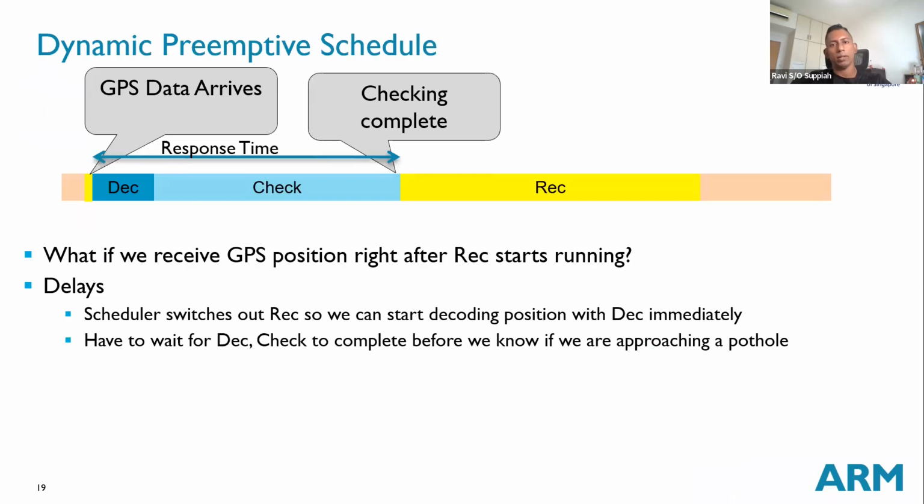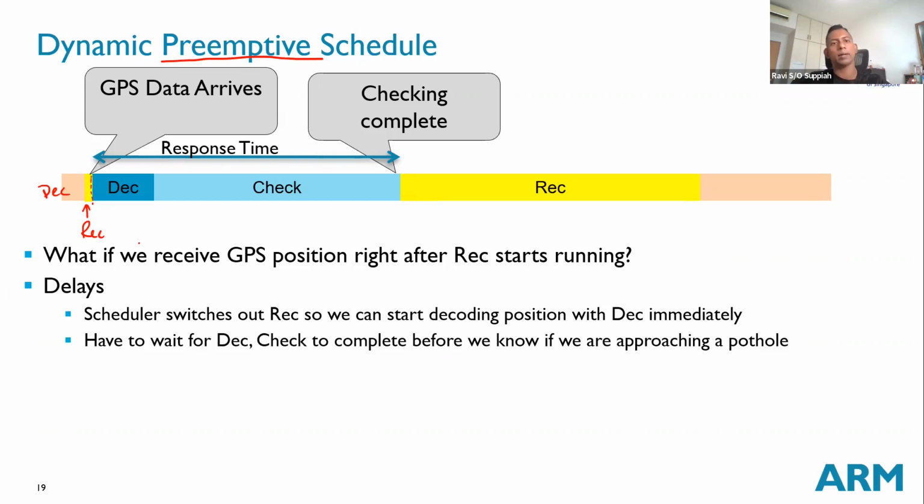Now the better one is of course what we call dynamic and preemptive. Preemptive basically means that in the same scenario, I finish the decode, I start the record, but the moment I start the record, the GPS data comes in.